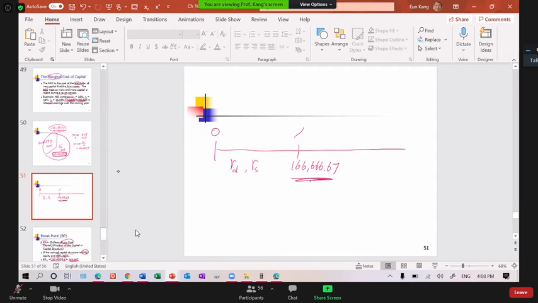Your cost of capital is RD and RS. Why? You can use your retained earnings, and then you also have 66,666 in debt. So the total is 166,666.